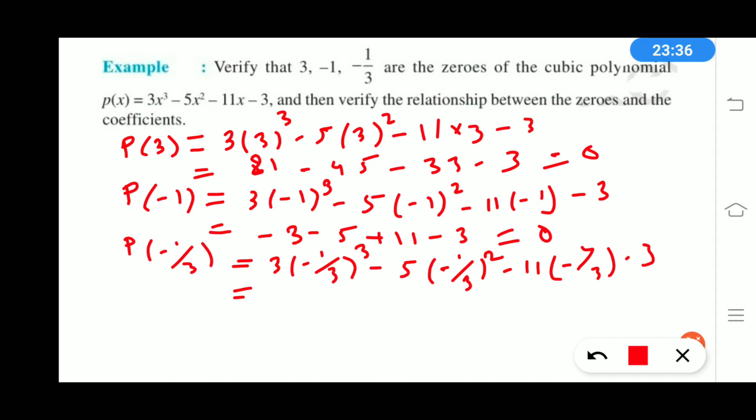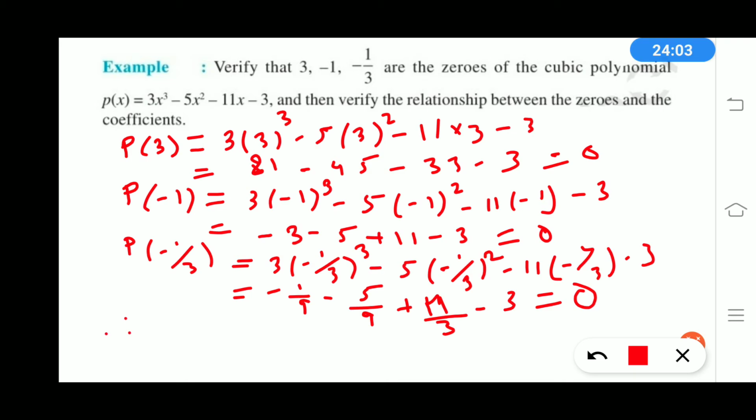After simplification, this is minus 1 by 9, this is minus 5 by 9, plus 11 by 3, 11 minus 3, so again this is 0. Clear. So this is minus 2 by 3 and plus 2 by 3, so again 0.